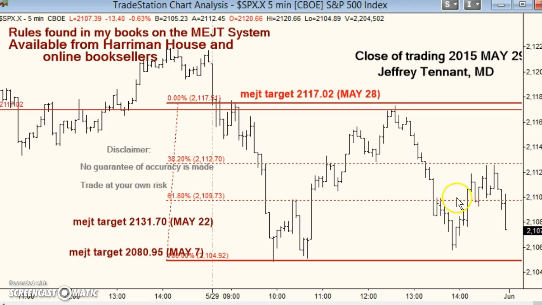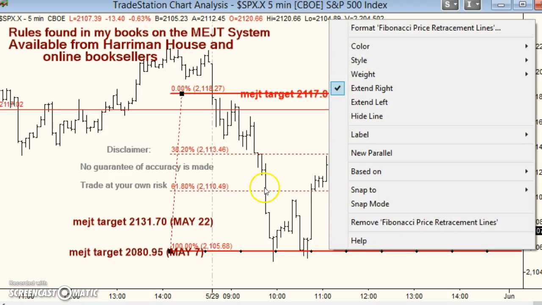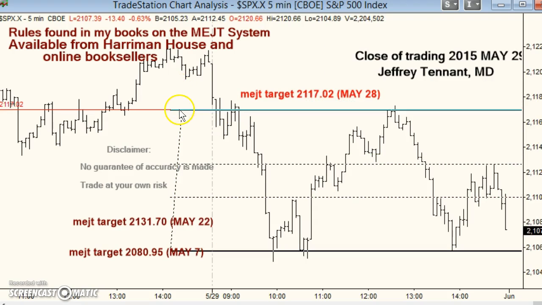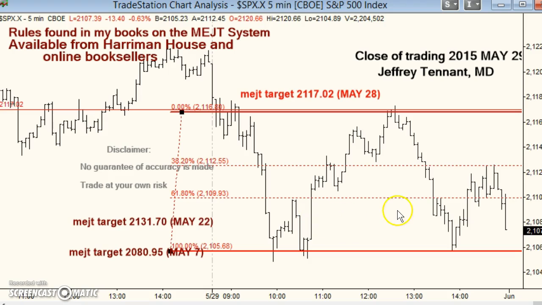If you use this as a stilt and this is a stilt, you take the height, gives you kind of a rough idea of where the high of the move is.